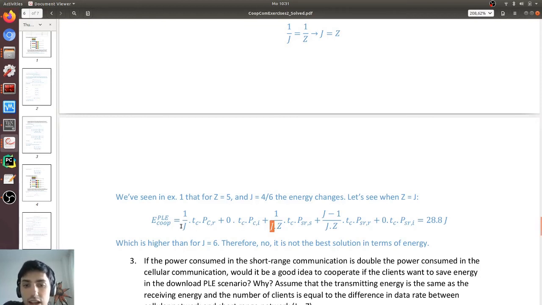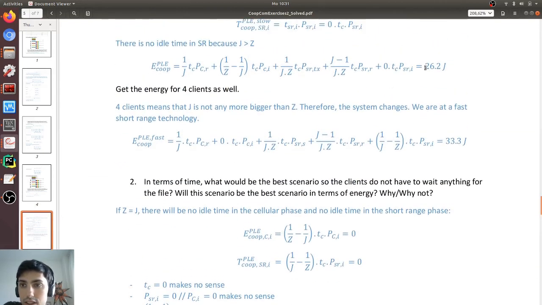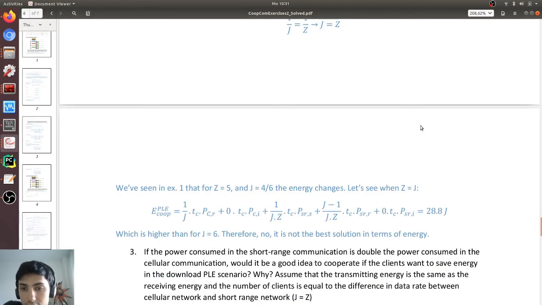So for j and z equal to 5, we get that the energy is 28.8, which is higher than for j equals 6. If we scroll up, we see that this is 26.2, and this one is 28.8. So no, the best solution in terms of energy is not the best solution in terms of idling time.